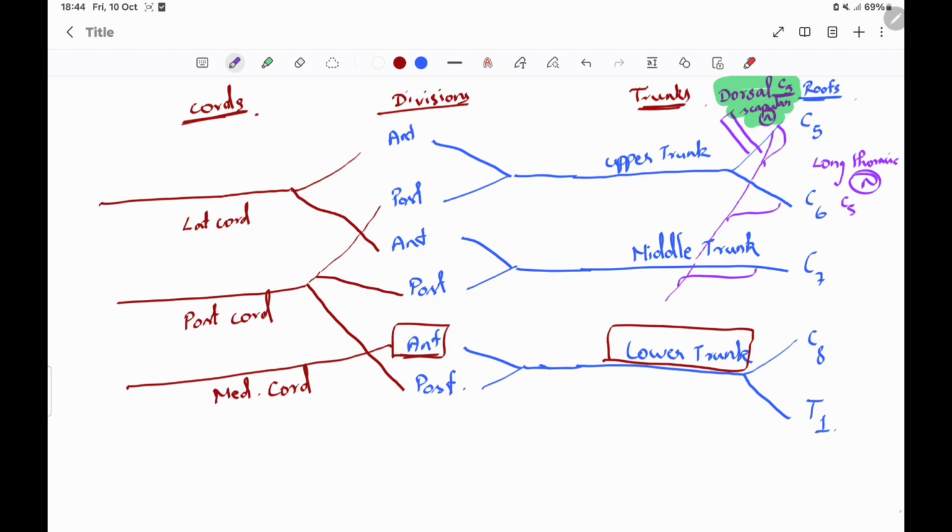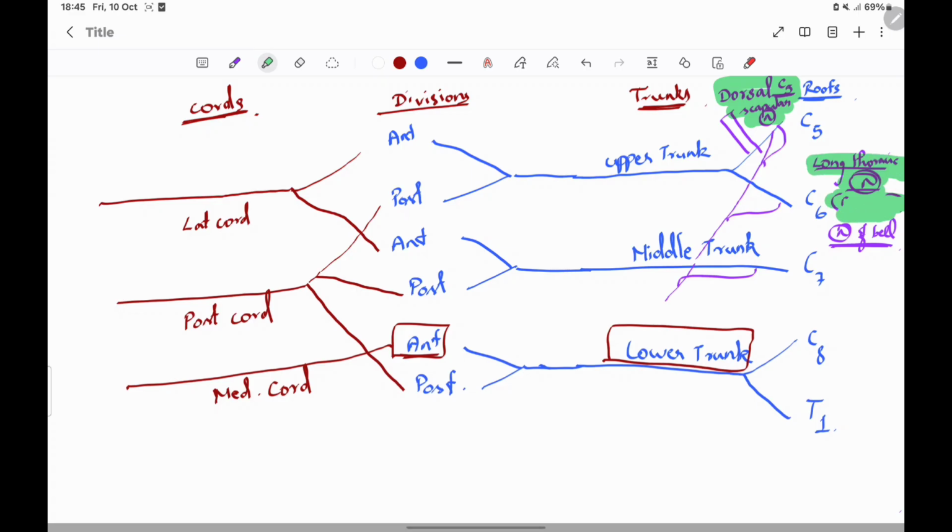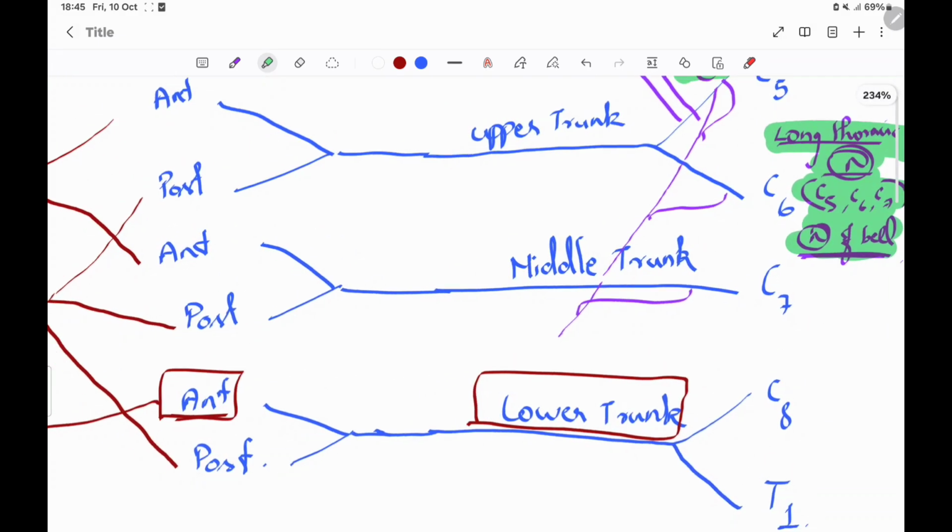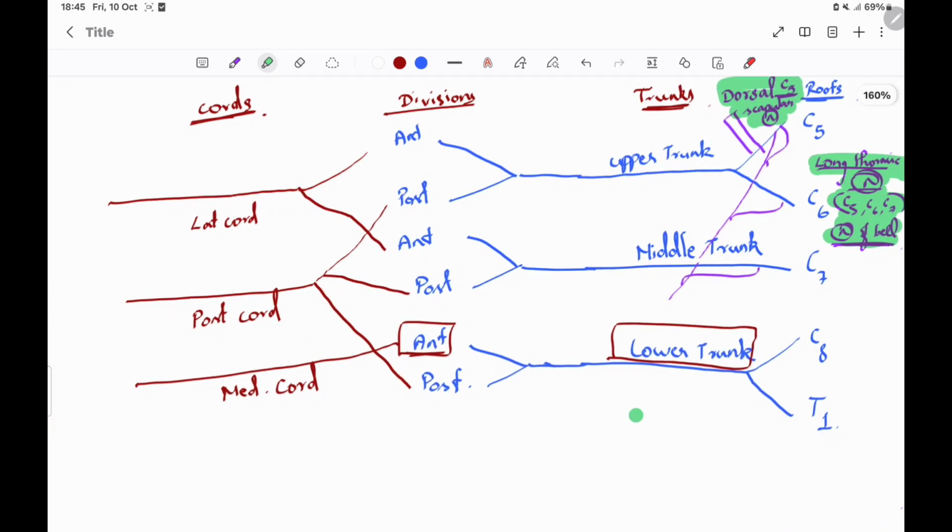So the nerve roots are C5, C6, C7. This is also known as the nerve of Bell. It supplies the serratus anterior muscle.